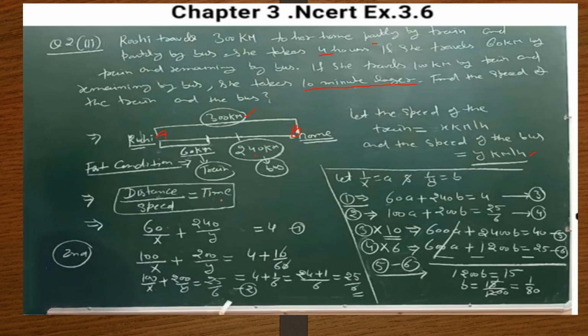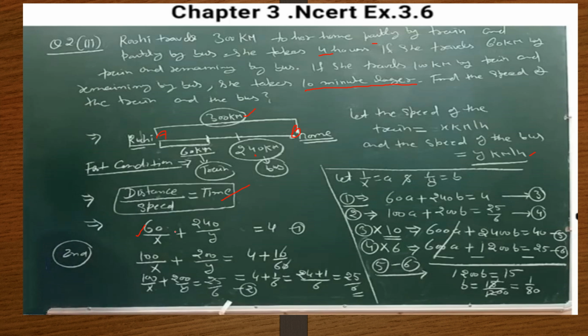The same formula: distance by speed equals time. One thing here is that this distance of 60 kilometer is covered by train, and the speed of the train is x kilometer per hour. So the time taken by the train while she travels 60 kilometer is 60 by x.